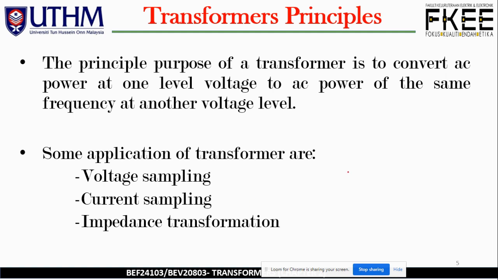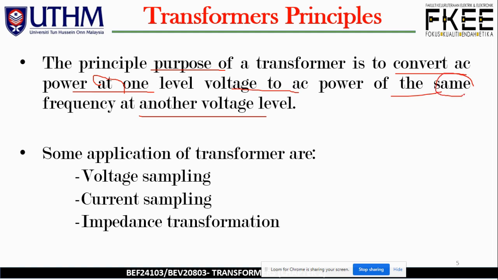Some of the principles of transformer. The principal purpose of a transformer is to convert AC power at one voltage level to AC power of the same frequency at another voltage level. So this is the interesting part of the transformer.